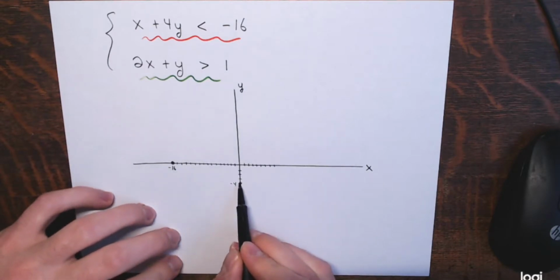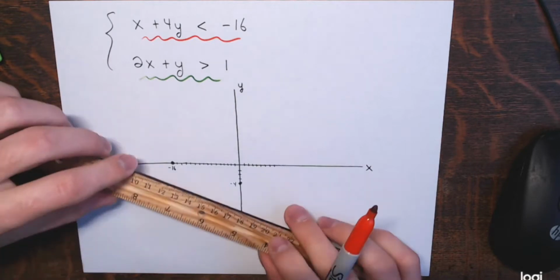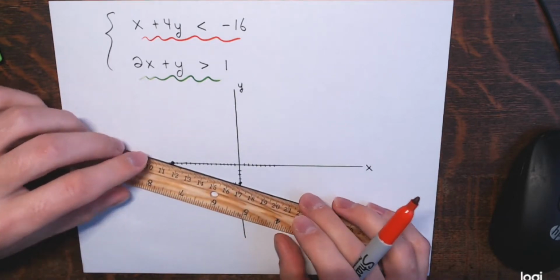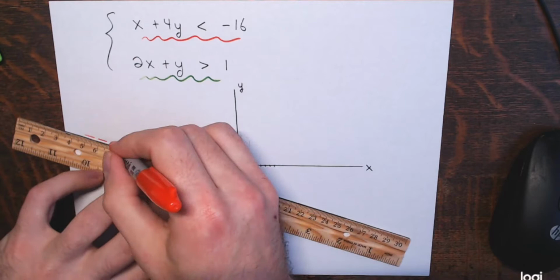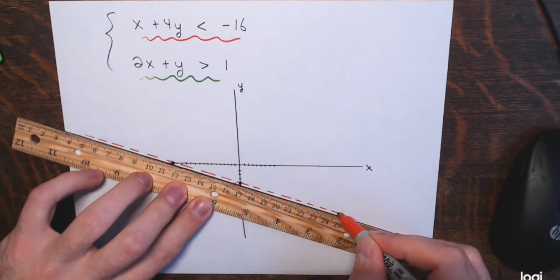And it is a dotted line, a dashed line. So these points are not actually solutions of the first inequality. Something like that.